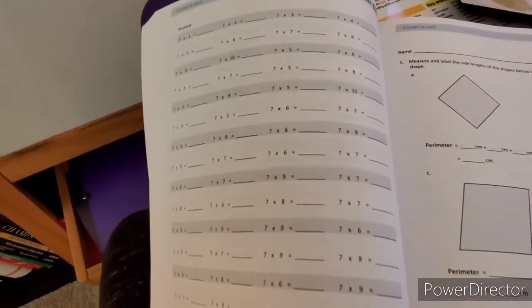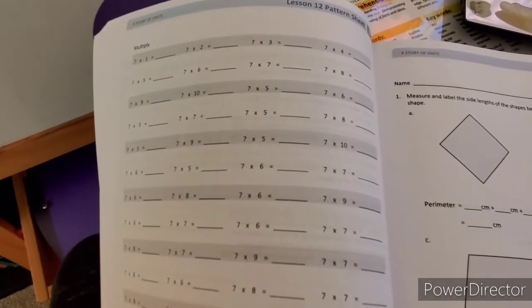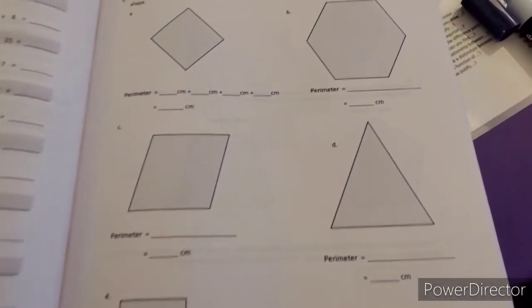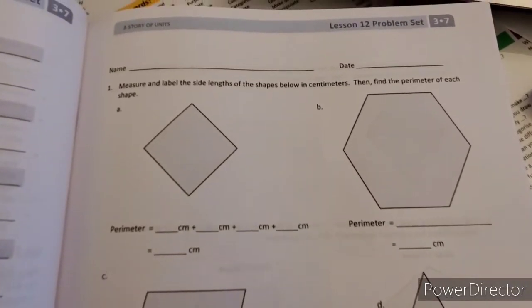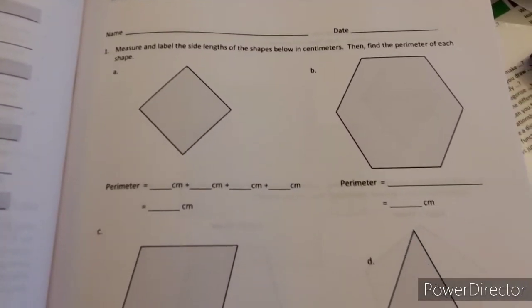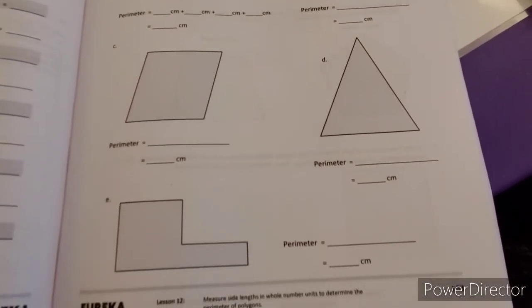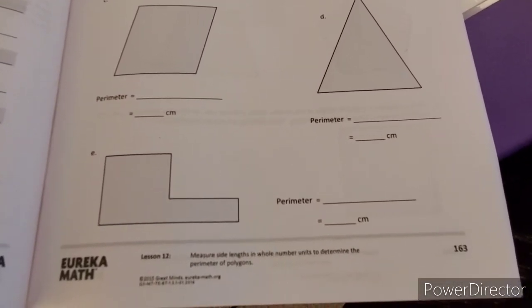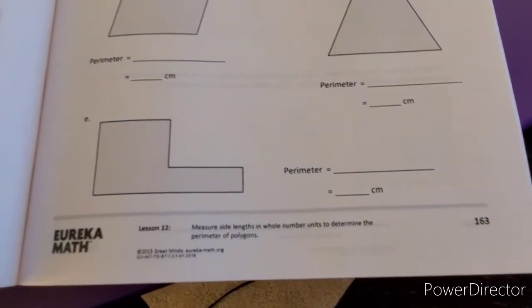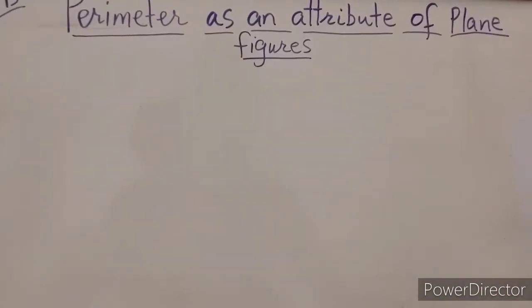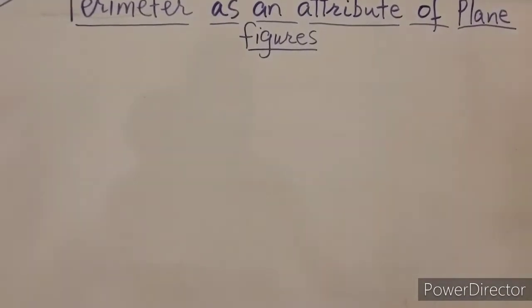You went through multiplying by 7 in the sprint or the practice, and then in lesson 12 you would find the perimeter of these figures, the rectangles, the rhombus, the triangles, and some other polygons.